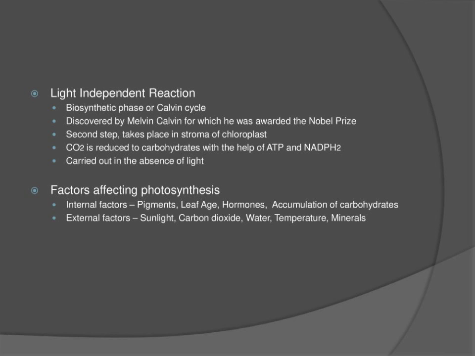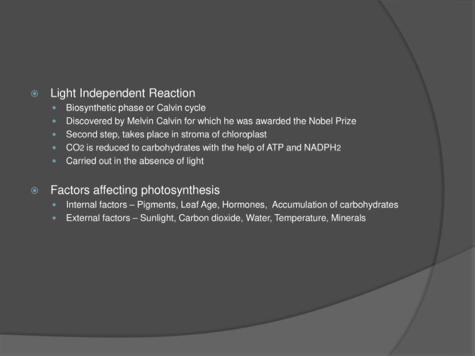Photosynthesis consists of two types of pigments: chlorophyll A, the primary pigment; chlorophyll B and carotenoids are the accessory pigments. Now this photosynthesis, you can divide it into two reactions. One is light dependent reaction, the other one is light independent reaction. Light dependent reaction requires sunlight because that solar energy is getting converted into chemical energy and electrical energy called ATP and NADPH2.